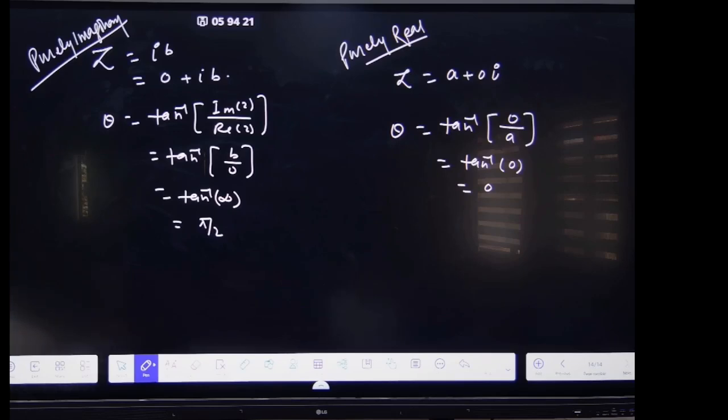Take this one. Try to solve one by one. You solve. If not, tell me, I'll solve.